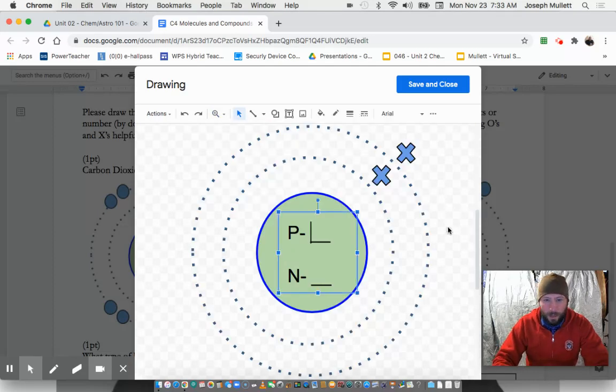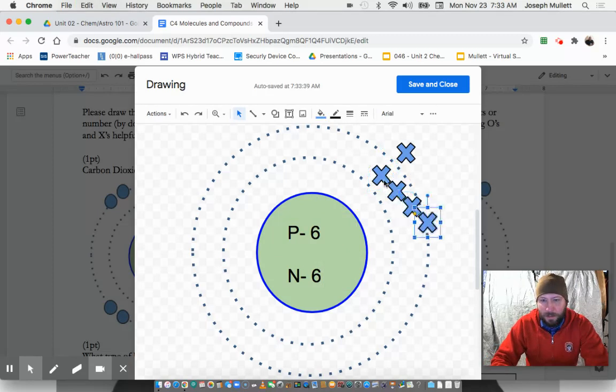So again, as mentioned before, this happens to be a 6. So I'm going to delete that. And it also is another 6. And now I need to get my electrons all squared up. So copy and paste, paste, paste. I'm going to use a bunch of them. So I'm going to put 1 electron right here.